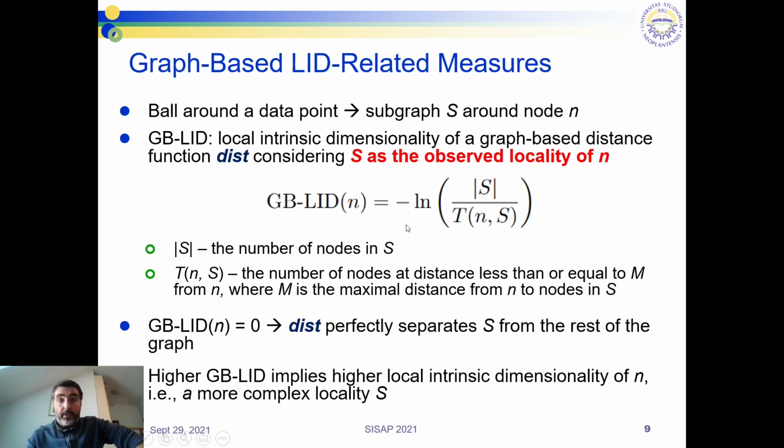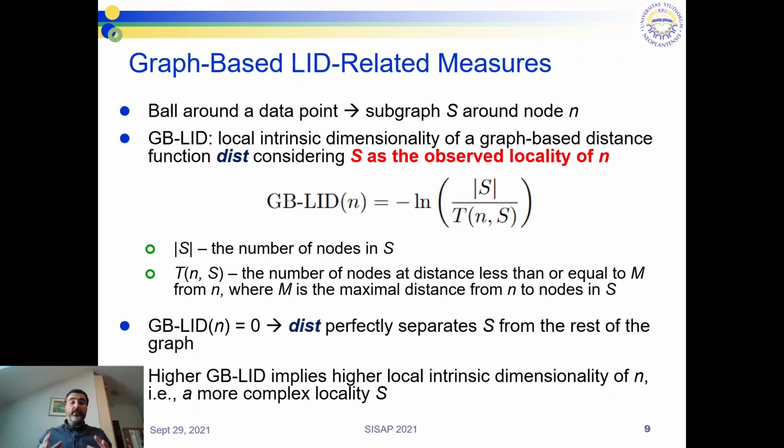Once we have this, this will be our graph-based LID measure, which is somewhat analogous to the estimate we saw before. Here in the numerator, we have the number of nodes in the subgraph S. And in the denominator, we have the number of nodes at distance less than or equal to the maximal distance from N to nodes in S. So what it means is if we have this GBLID measure for node 0, this means that the distance can perfectly separate this subgraph from the rest of the graph.